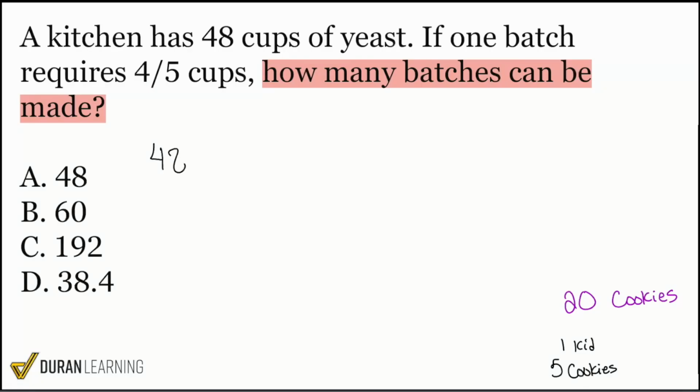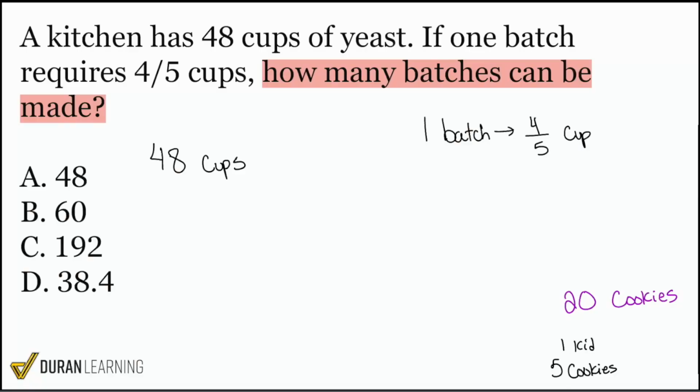We have 48 cups of yeast, and one batch requires 4/5 of a cup. So what we're trying to figure out is how many times we can add this up to get 48 cups, or how many times 4/5 of a cup can fit into 48.